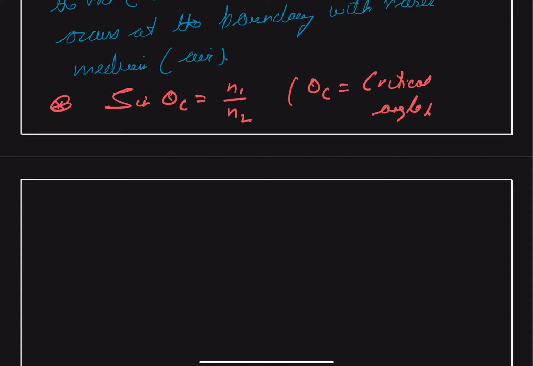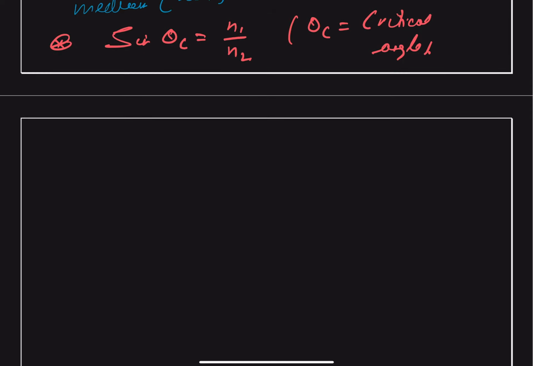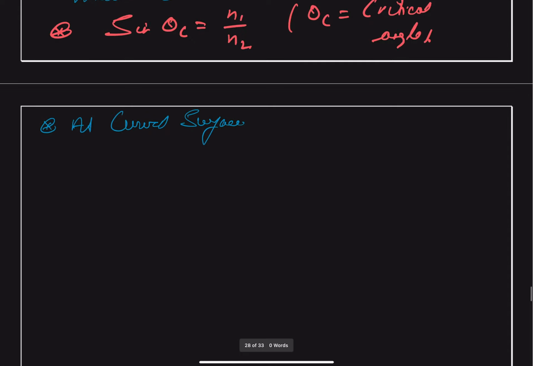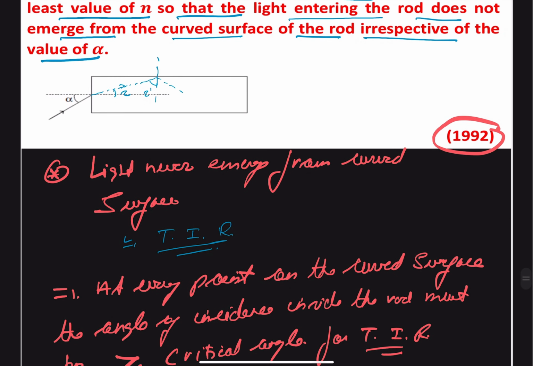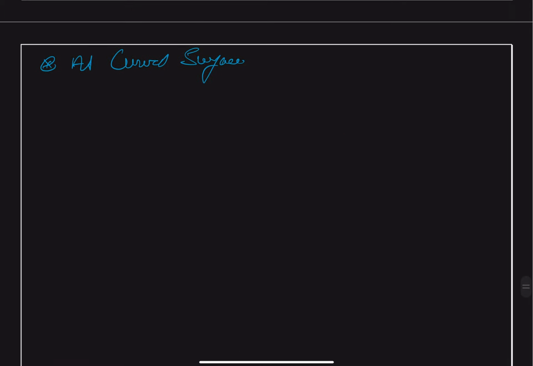And for the curved surface, we can draw a right angle triangle. Let us call these points P, Q, and R. Okay. So we can draw a right angle triangle.